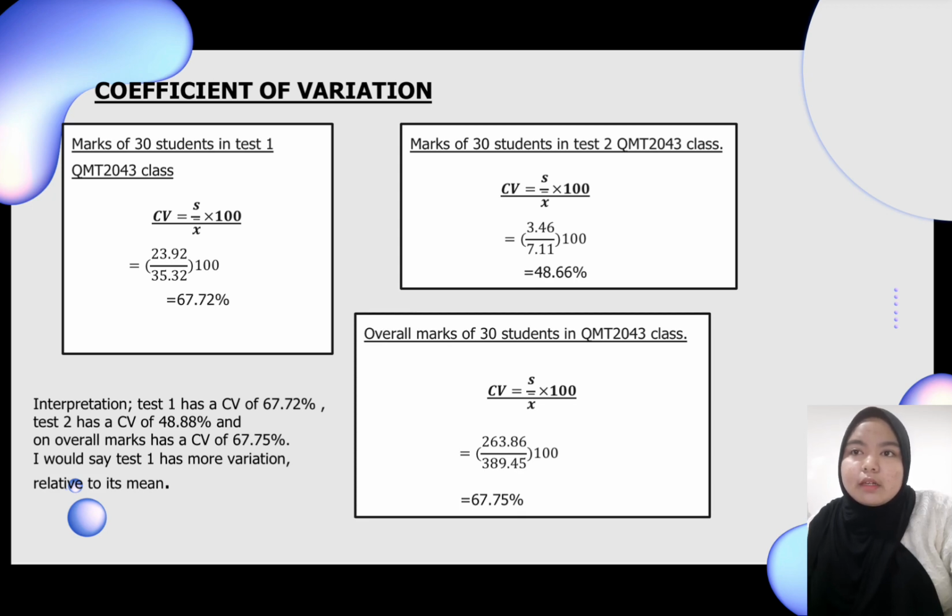And the overall mark CV is 67.75%. Interpretation for CV: test 1 has a CV of 67.72%, test 2 has a CV of 48.66%, and the overall mark has a CV of 67.75%. I would say test 1 has more variation relative to its mean.